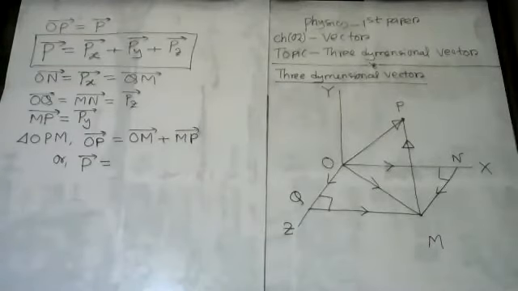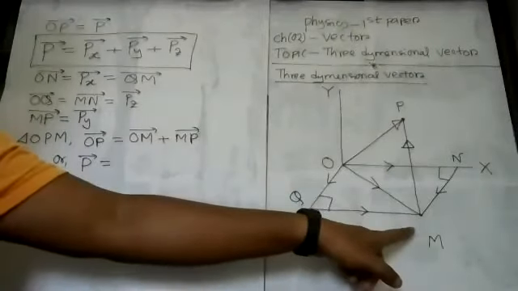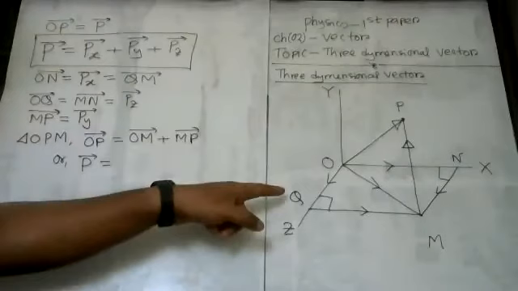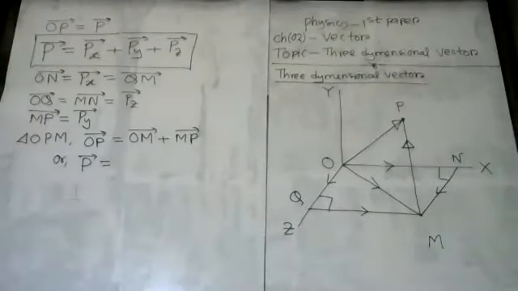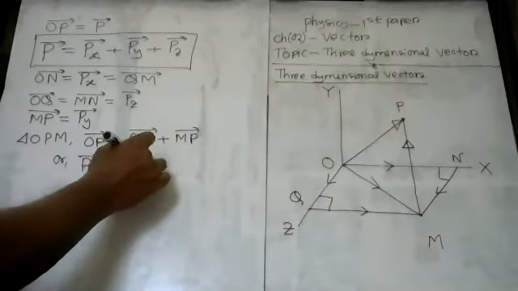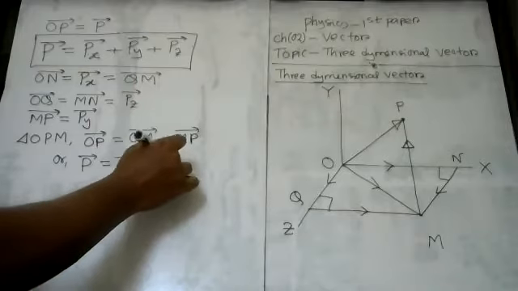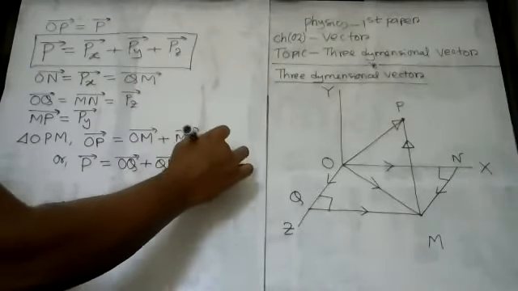So we can say that it will be equal to OQ plus QM plus MP.